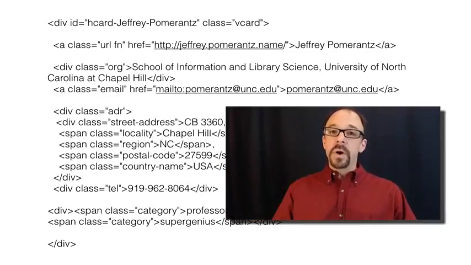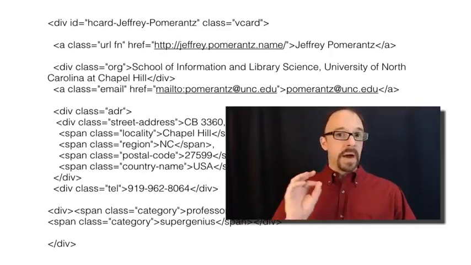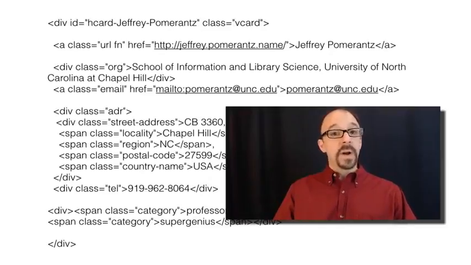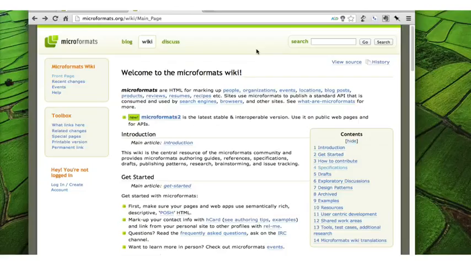Now, before we wrap up about microformats, I wanted to show you that there are other microformats out there. And the microformats website lists all of the existing and draft microformats.